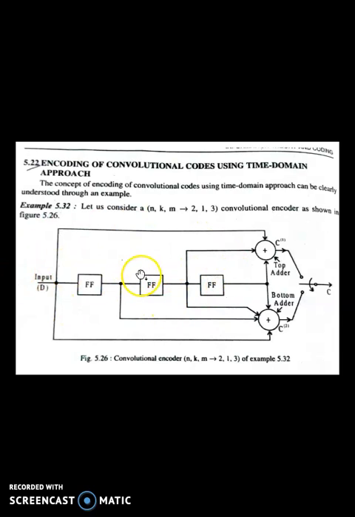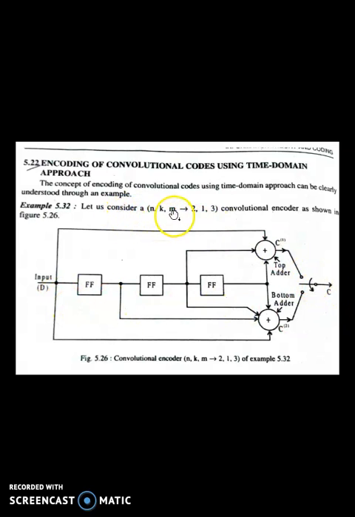Similarly, I have L, capital L, which is very important for understanding the generator matrix. That's what L is: the number of bits in the message sequence. For a particular block, what is the number of bits in the message sequence? We have the constraint length, which is m cross n digits, and the rate efficiency k by n. So this is an encoder that has already been developed, and you can see what kind of output it generates.